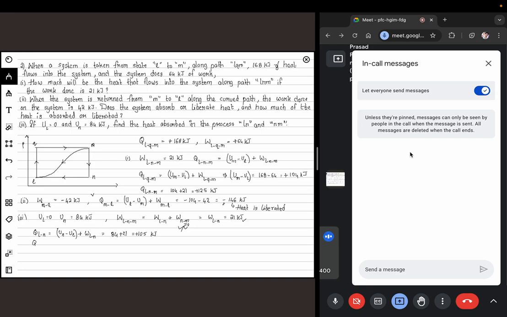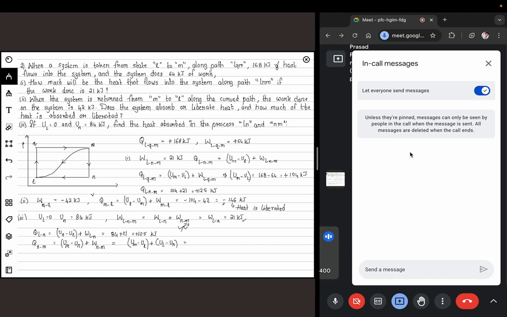If you take the other one, that is Q_NM, it is the final state minus initial state, UM minus UN plus W_NM. Since it is a constant volume process, W_NM is 0. For consistency, UM minus UN is UM minus UL plus UL minus UN.